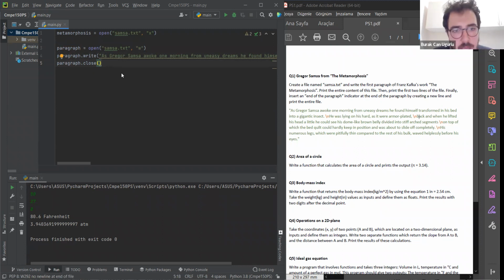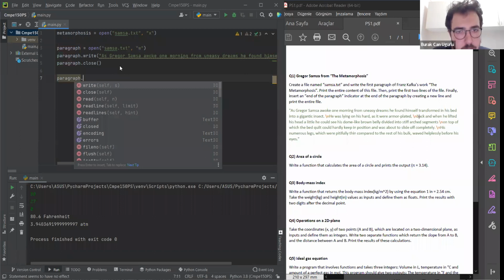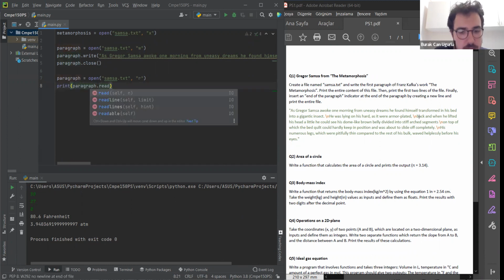And the first assignment wants us to read this file again. How can we do that? We are calling the paragraph again, and we can open samsa.txt with read, and we will write print paragraph read.